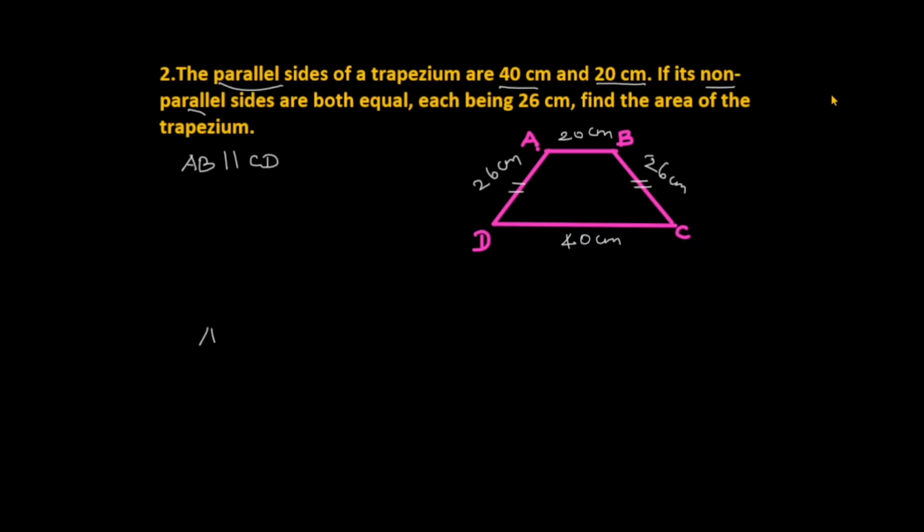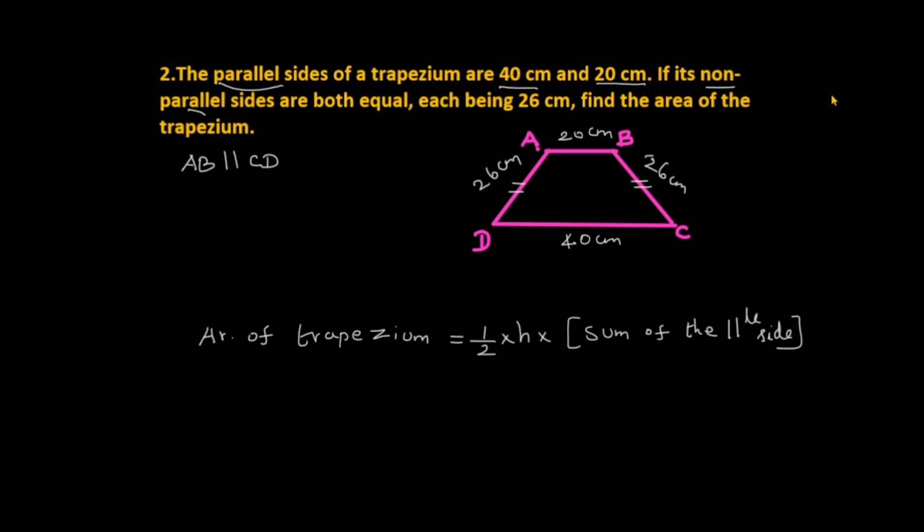So area of trapezium formula: area of trapezium is equal to half into height into sum of the parallel sides. Sum of the parallel sides, not non-parallel.